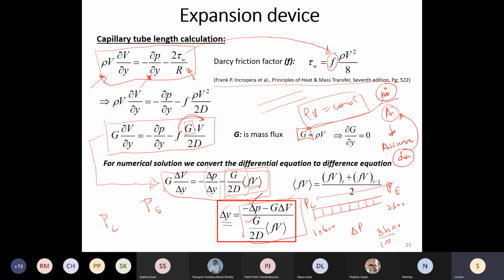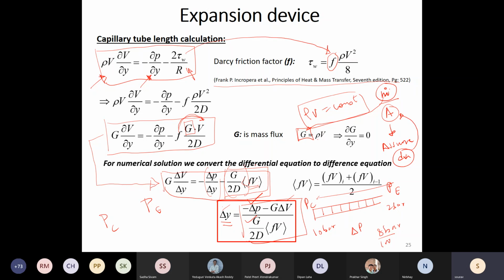At the inlet node, let's say I know the velocity. I have to get the velocity at the next node. How do I get that? Sir, mass flow rate is constant. Yes, exactly. Very simple.